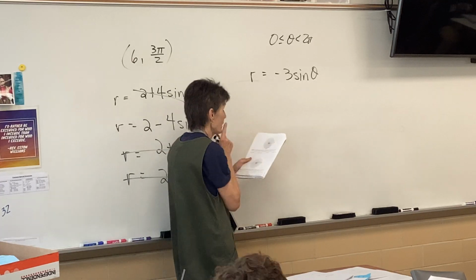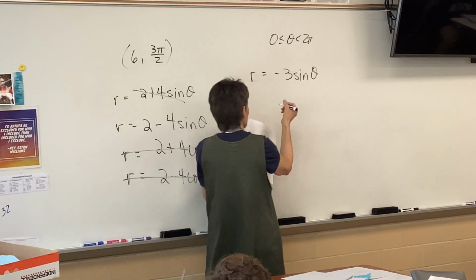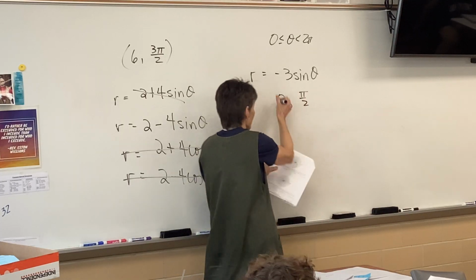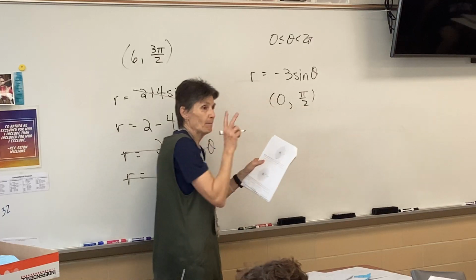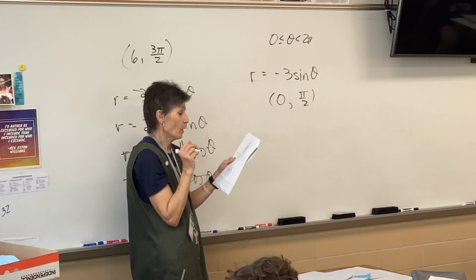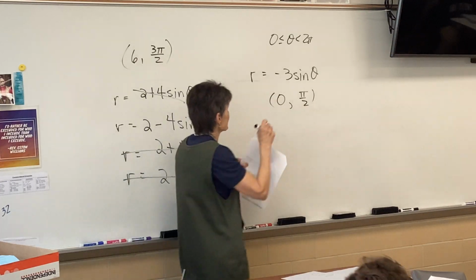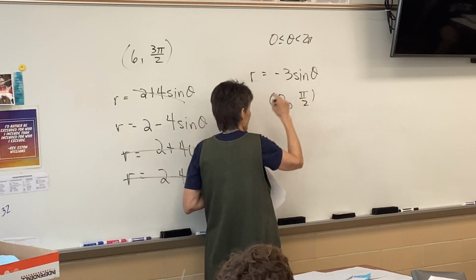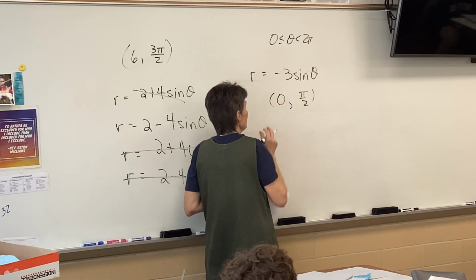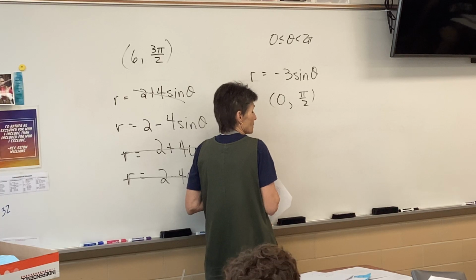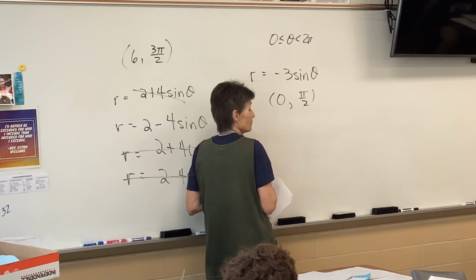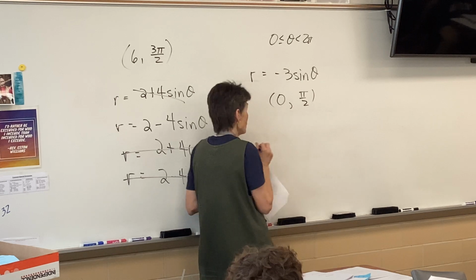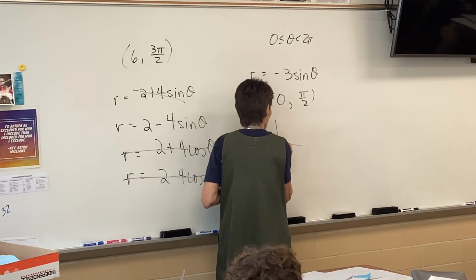Well, this is our equation. Let's look at our first option. Our first option is basically 0 to pi over 2, that part of the graph. Well, let's see. If we put 0 into our equation, what do we get? What's the sine of 0? 0. Sine of 0 is 0, right? So we would get the pole.